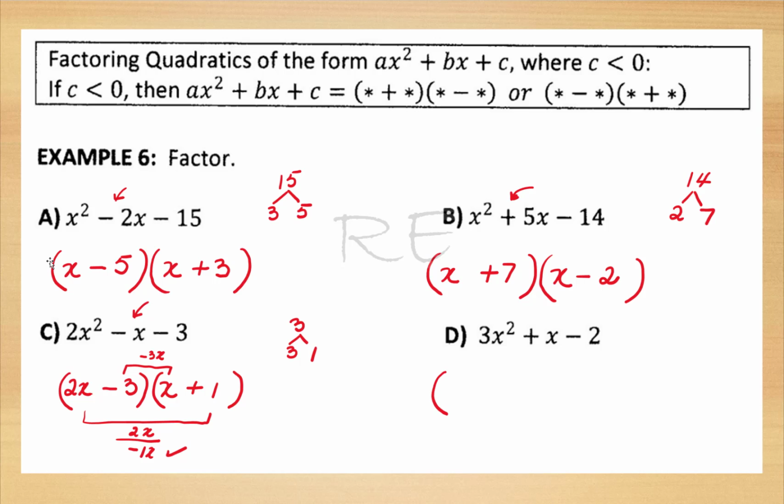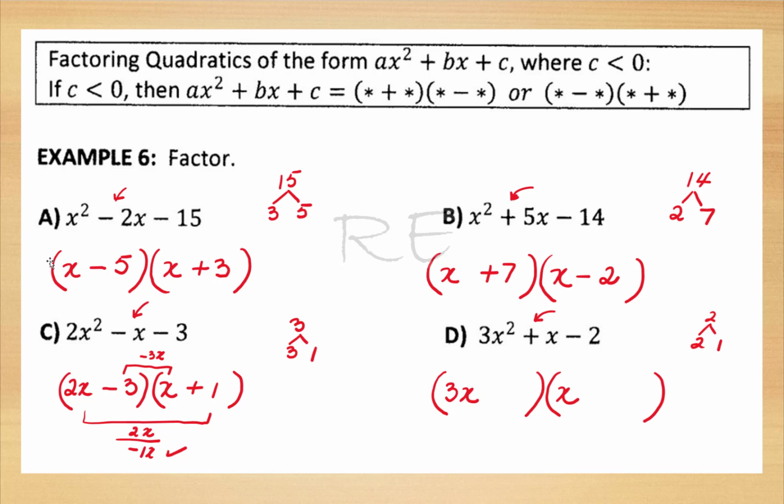The product is negative 2. And the sum is positive. So the signs are going to be opposite. 3x squared is 3x times x. We're going to have opposite signs, and 2 is 2 and 1. We need a positive 1.